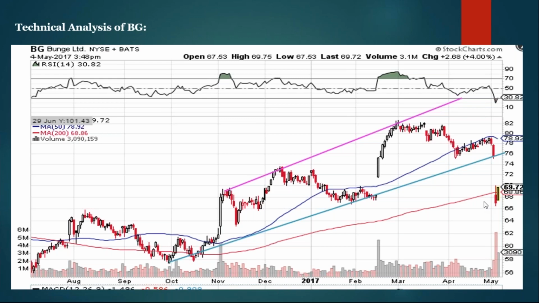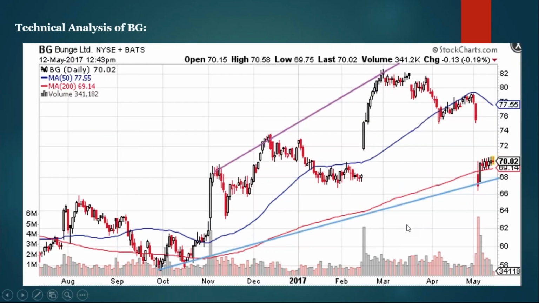So look at what happened. We don't have any position in BG, but see, this is what's happening. BG is going on a sideways move, but it's trending up. It's holding the support here. Instead of 66, there's a support at 68 now, and it's holding.